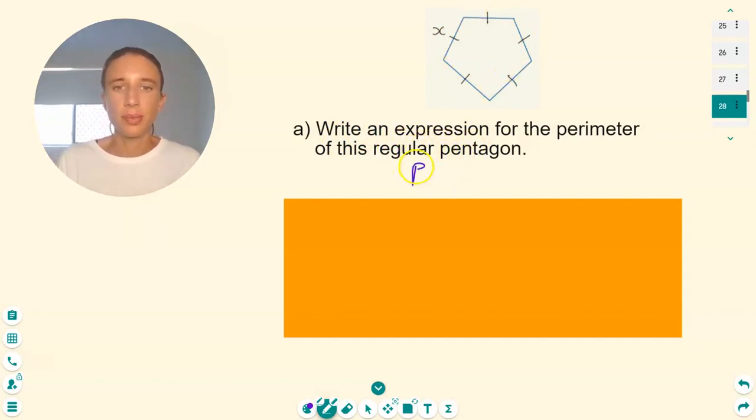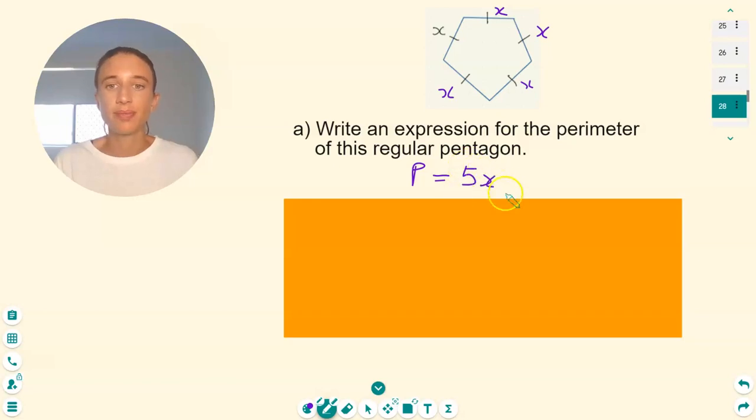Perimeter, you walk all the way around the outside, and it says that these are equal side lengths, right? That marking. So this is x. So you could write x plus x plus x plus x plus x, but that is the same as 5x. Right? We just use multiplication to write it a little bit simpler.